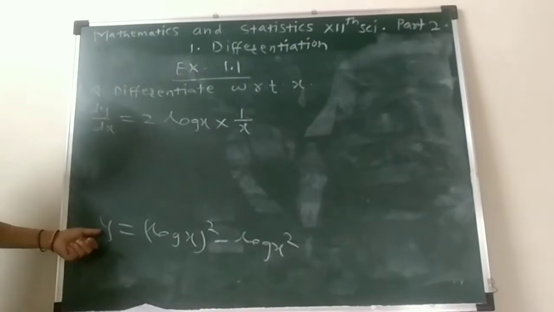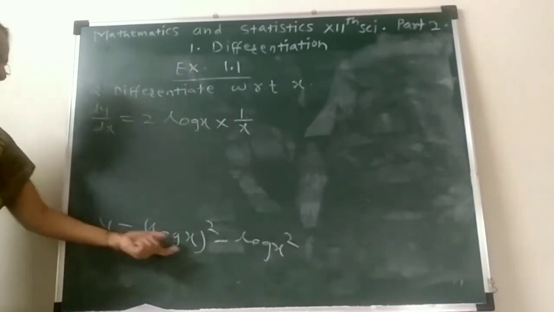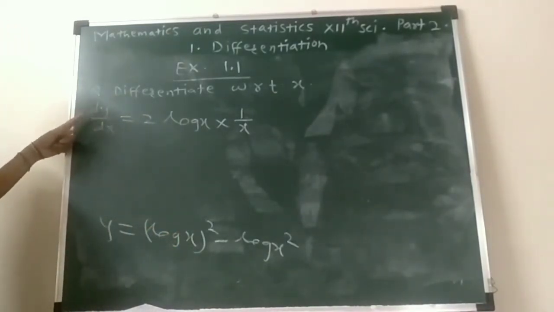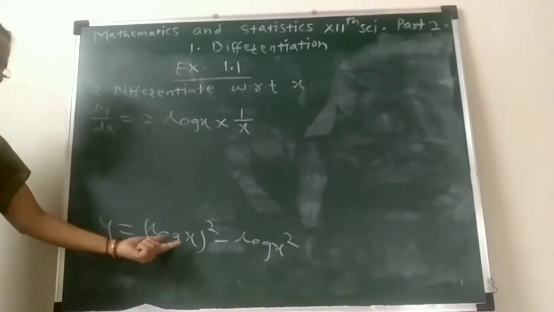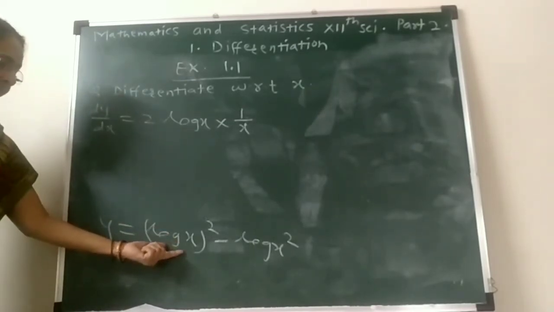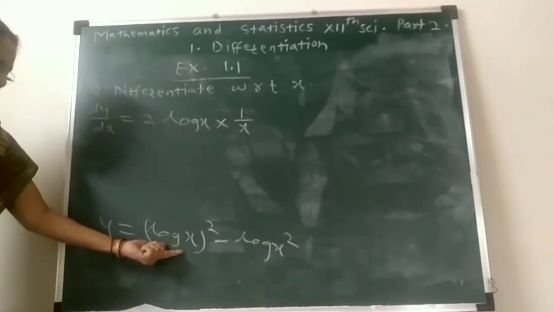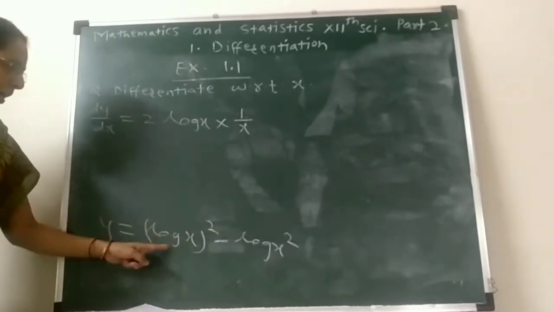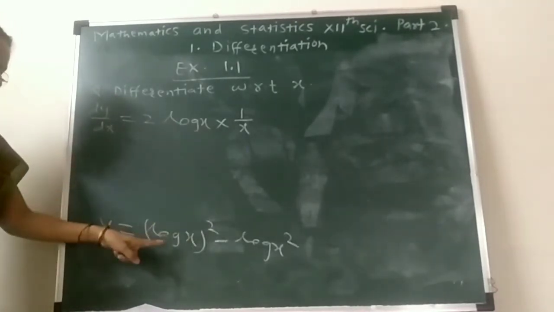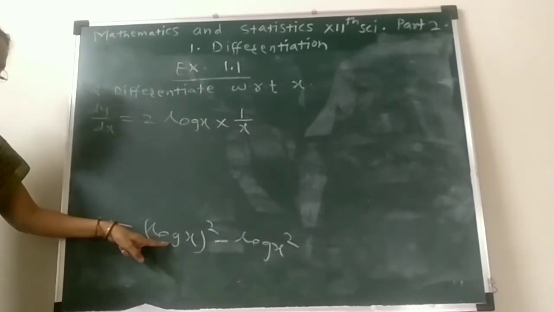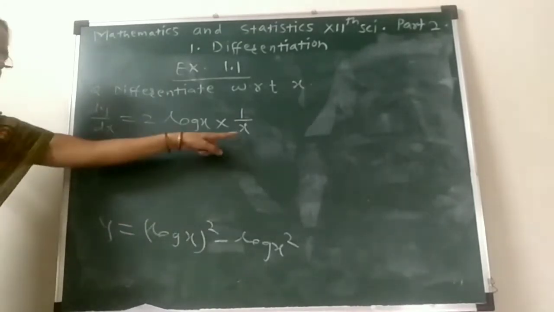Here we get the value of y as this. Next step is take derivative dy by dx. Derivative of this term according to x raised to n rule, 2 log x. Again we have to multiply by the derivative of log x, which is 1 upon x.